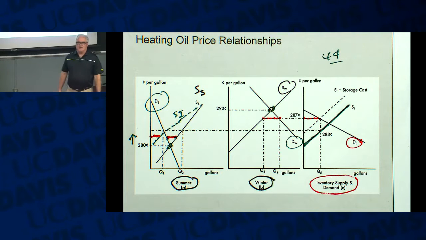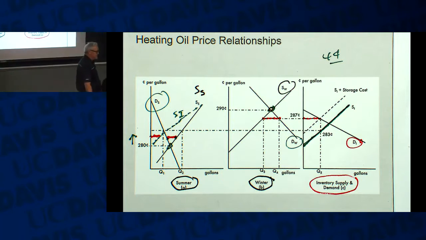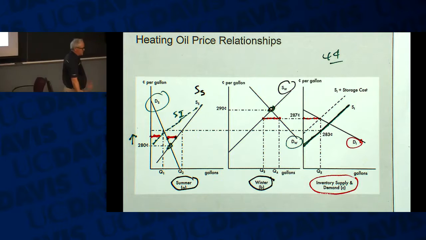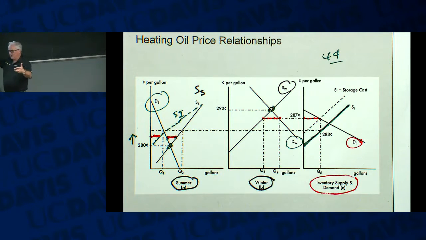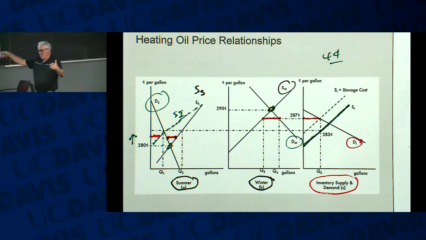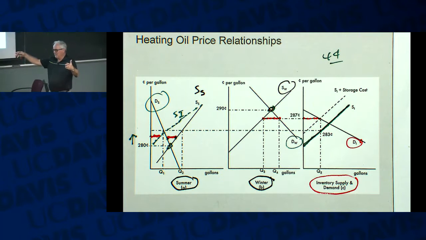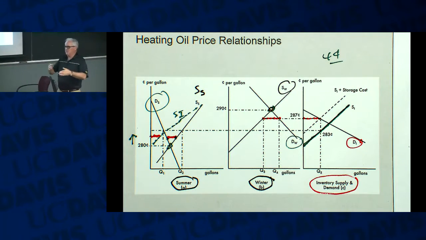Okay. What I'm trying to say is in the summertime, if the price is above the level that clears the market, then there's going to be more supply than there is demand. And where's that going to go? They're producing it at the oil refinery. It has to go into storage. They can't sell it on the market.